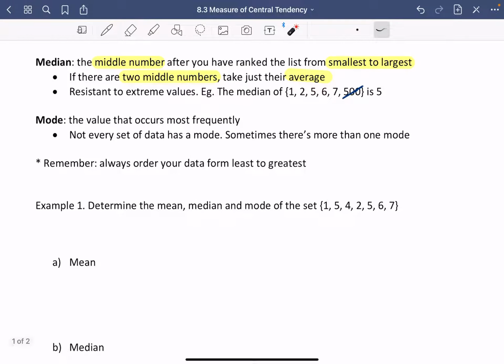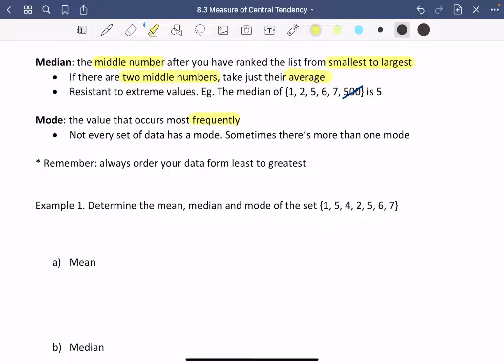And the last thing we have here is the mode. The mode is the value that occurs most frequently. Not every set of data has a mode, because if all of the data occurs only once, then we don't have a mode.